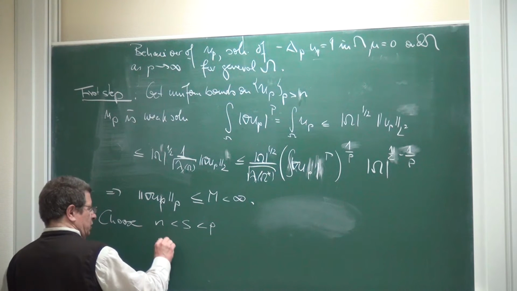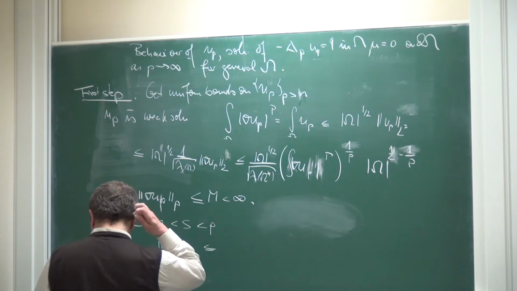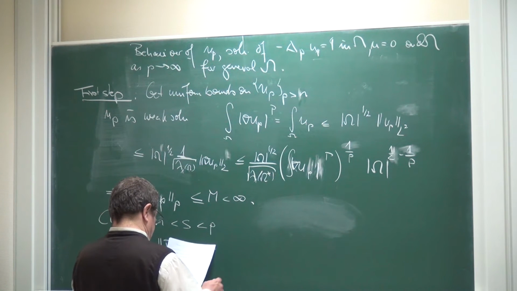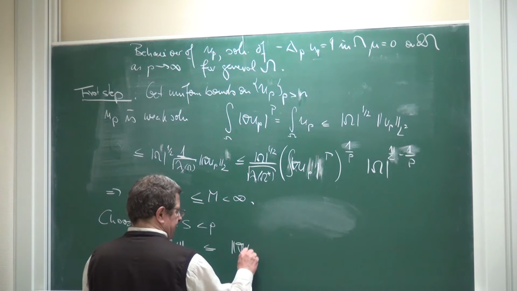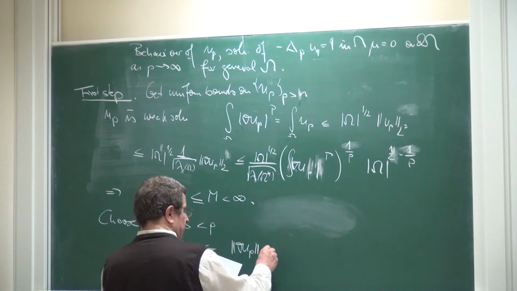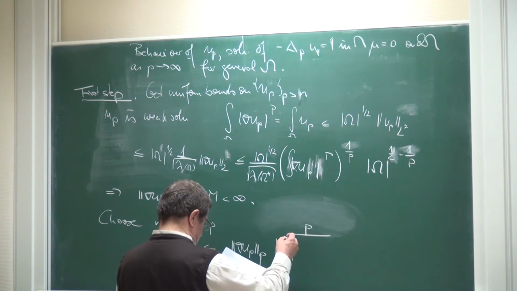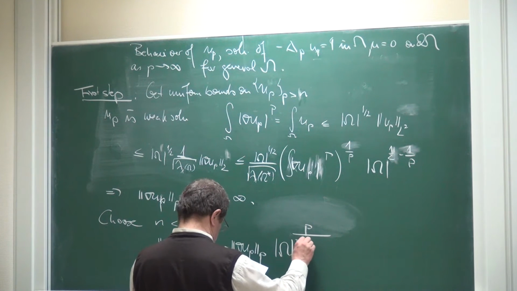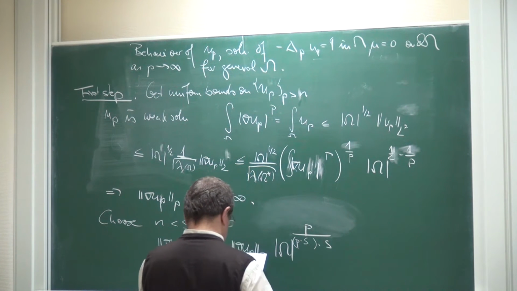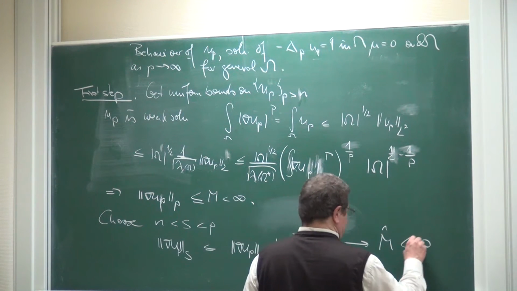And then we can find out that the gradient of u_p in the L^s norm can be bounded by the gradient of u_p in the L^p norm times some power of omega, again, I hope I calculated correctly, (p minus s) over ps. And that goes to something which is also finite.